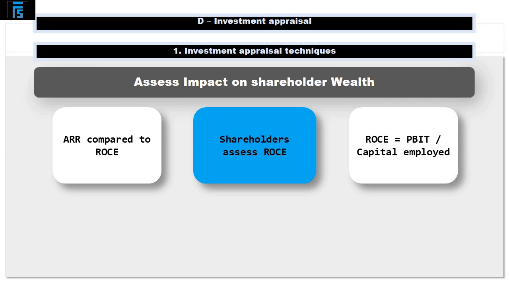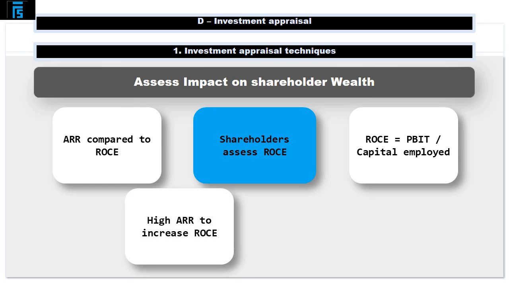Return on capital employed is profit before interest and tax divided by capital employed. The rationale is this: if a project has a potential return higher than the current return on capital employed, taking it on may well therefore increase the return on capital employed. This is the main reason why it's common in practice.